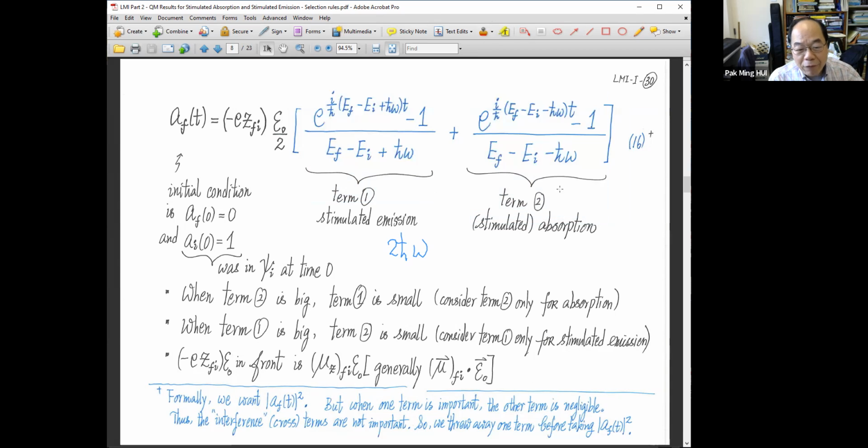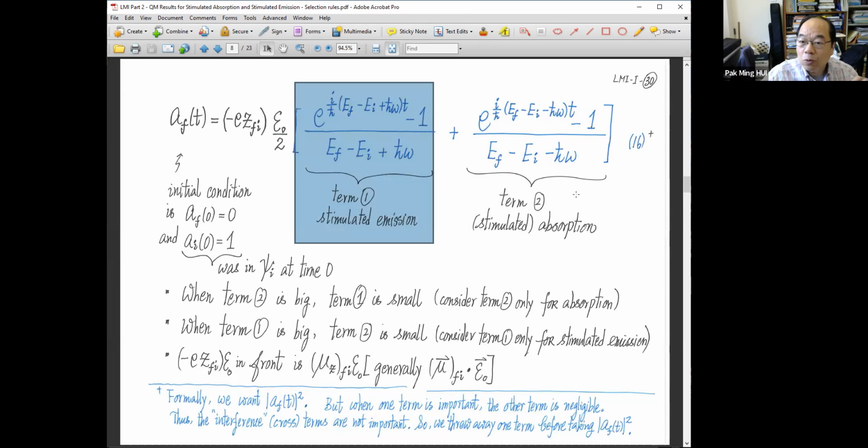All right, therefore, it is legal to single out the absorption term and then work with it to get at the absorption probability, and then work with the first term and ignore the second term to work out the stimulated emission term.